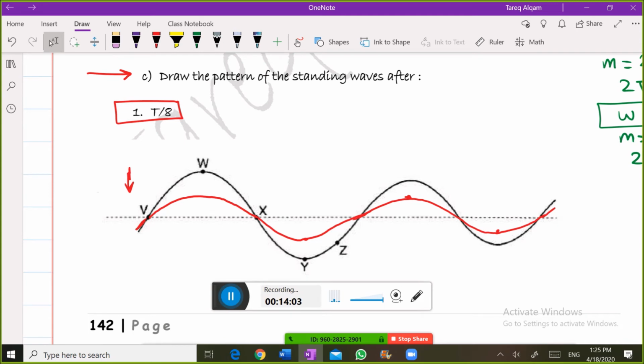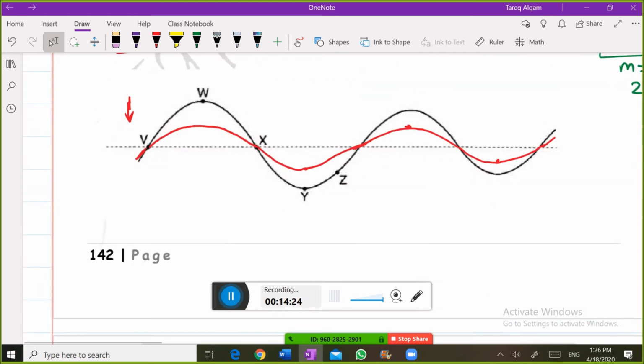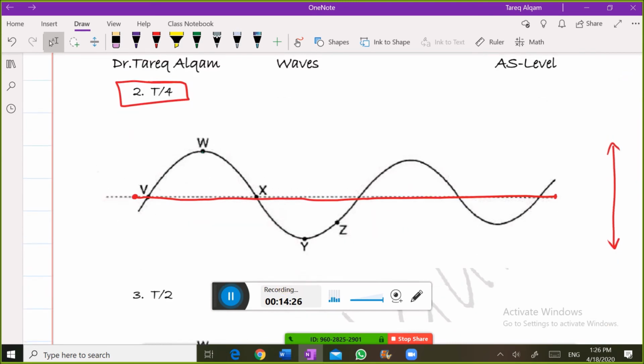Here is another type of question that you might be asked. We have to draw the wave pattern after a certain time. Like draw the pattern of the standing wave after T over 8, T over 4, T whatever. And as I mentioned before, guys, I have to consider one point. Let me start with this one. I started here with the maximum point, right?